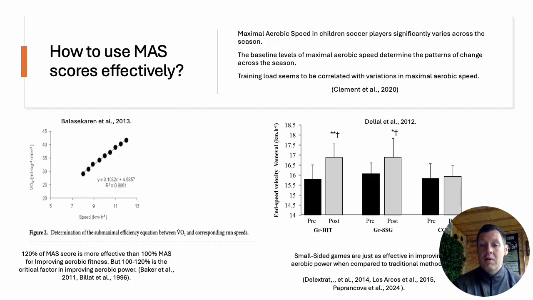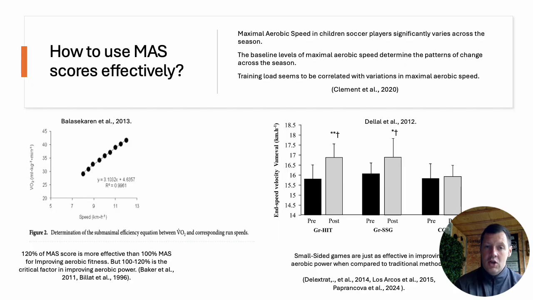And then Dalal et al. found when they compared traditional HIIT training with small-sided games, that small-sided games were just as effective at improving aerobic power when compared to traditional methods.